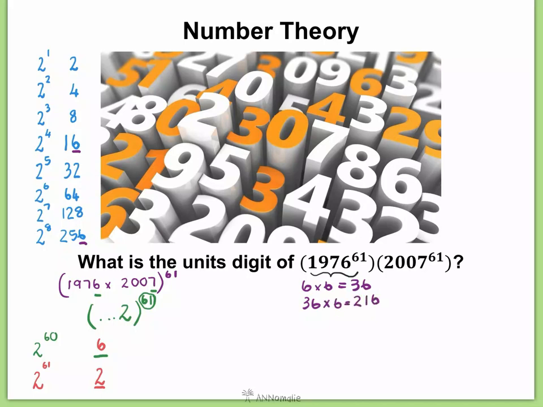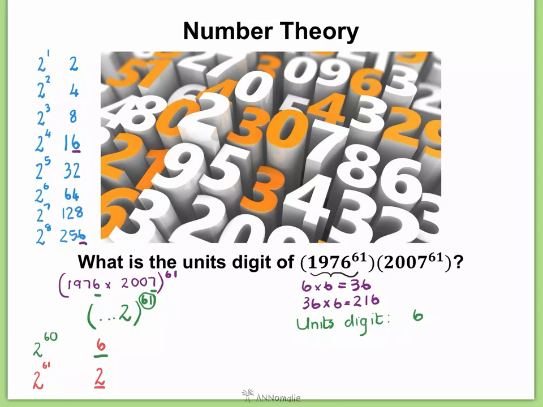And you can clearly see that if I multiply that by 6 again, the units digit of any number ending in a 6 raised to any power will always be a 6. That sorts out the first half of this expression.